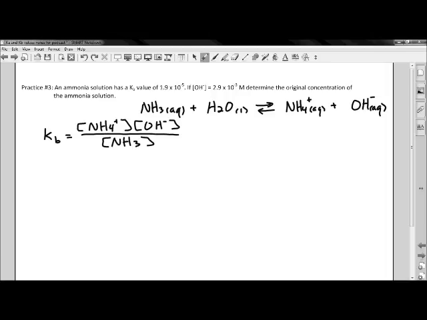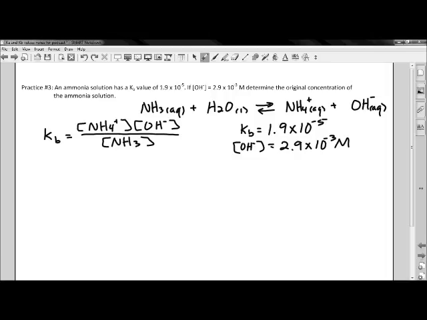All right. Let's see what we got. Now, this time's a little unique. I gave you the Kb value this time. So we know what the Kb is. It's 1.9 times 10 to the negative 5th. I also tell you that the hydroxide ion concentration is equal to 2.9 times 10 to the negative third molar.